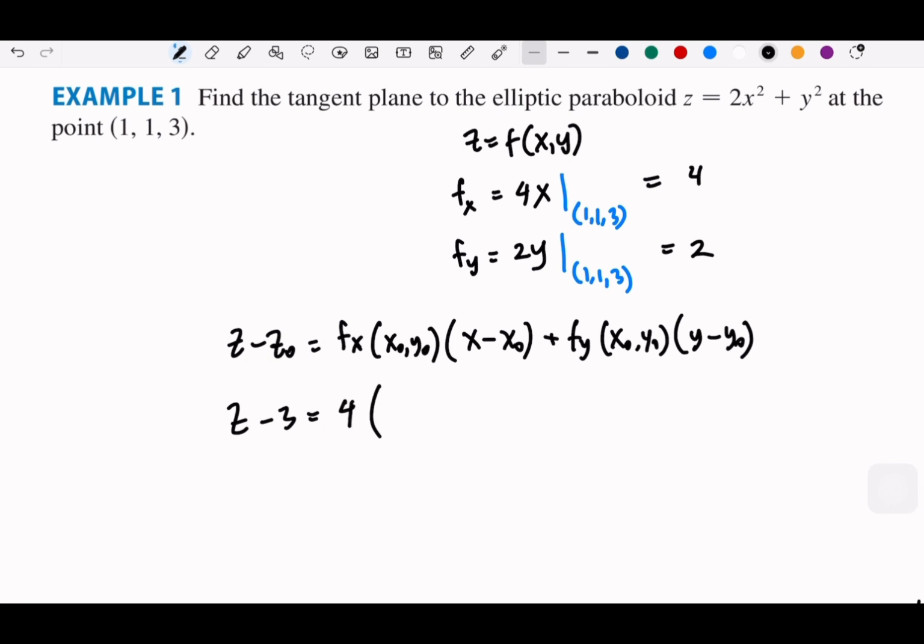If you want to complete this, z equals 4x plus 2y minus 4 minus 2 minus 6 plus 3, and this will be the plane equation.